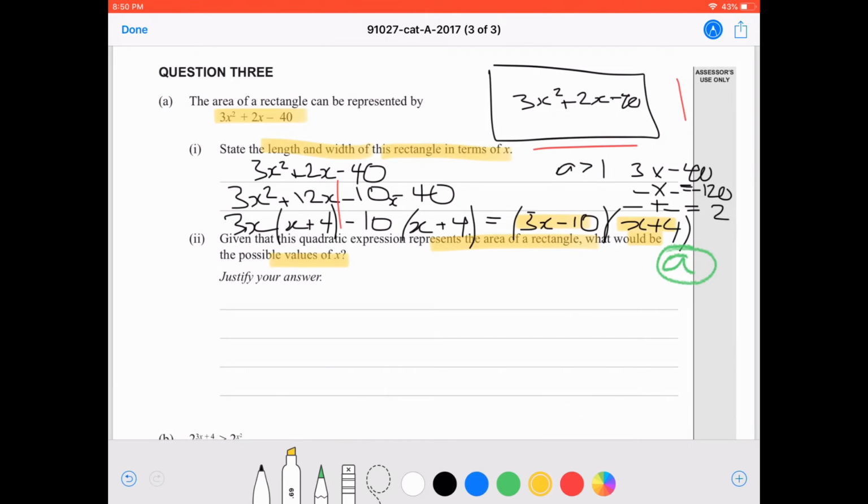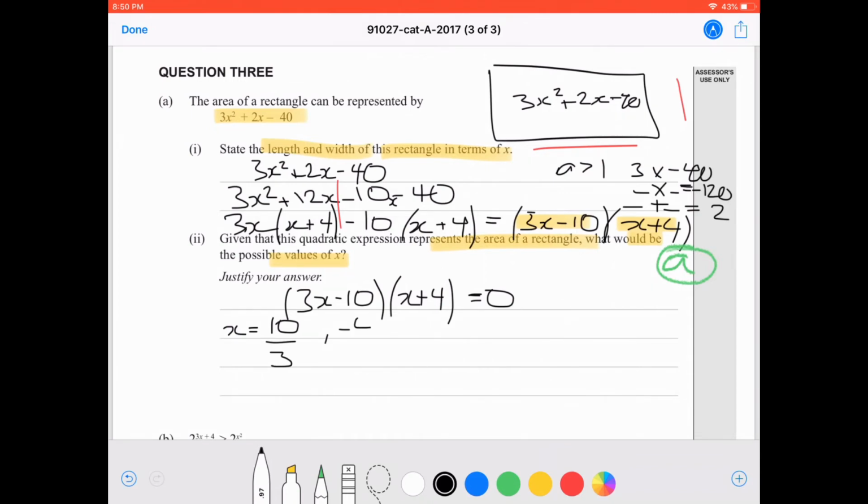Well, let's say our two side lengths, 3x minus 10 and x plus 4 equaled 0, meaning we could solve for x. We would have x equals 10 over 3 and minus 4.